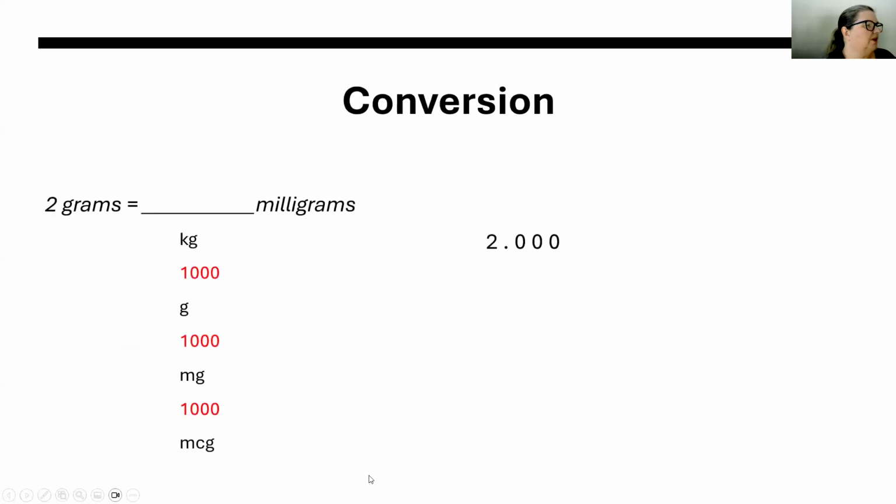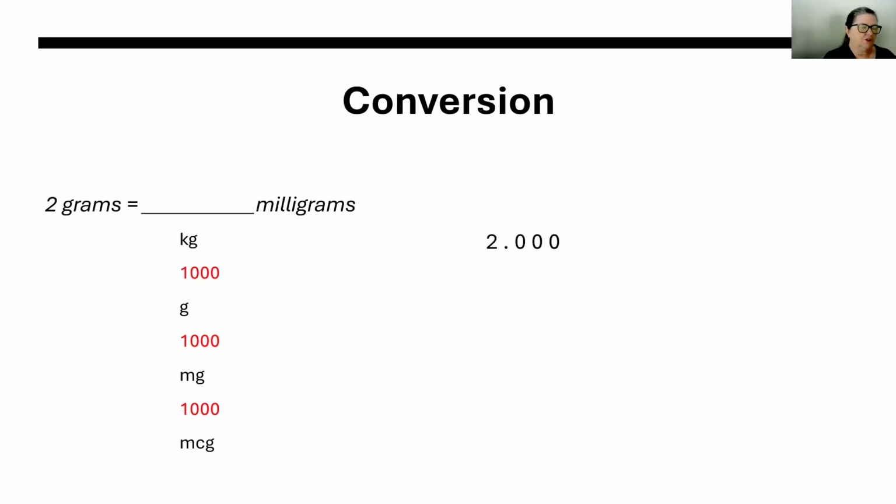Now, let's take a look at the conversions here. How to convert this. Notice that I have 1,000 in between each of these. We're doing grams. What that means is the difference between each of those is 1,000.